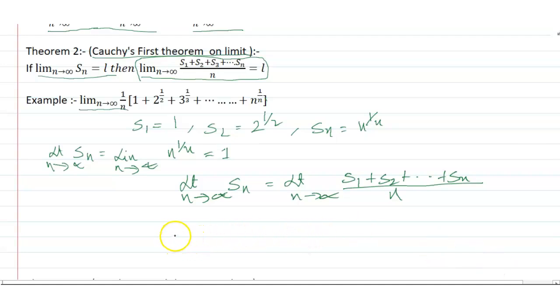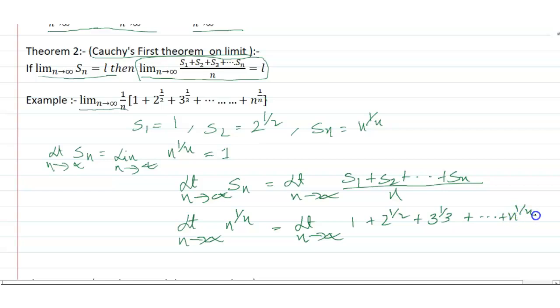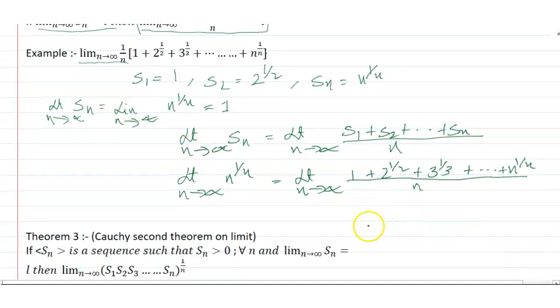So our first value is limit n tends to infinity n to the power 1 by n equals limit n tends to infinity (1 plus 2 to the power half plus 3 to the power 1/3 plus up to n to the power 1 by n) divided by n equals 1.